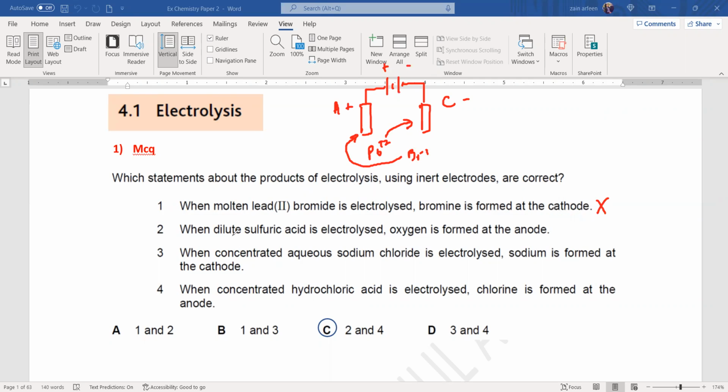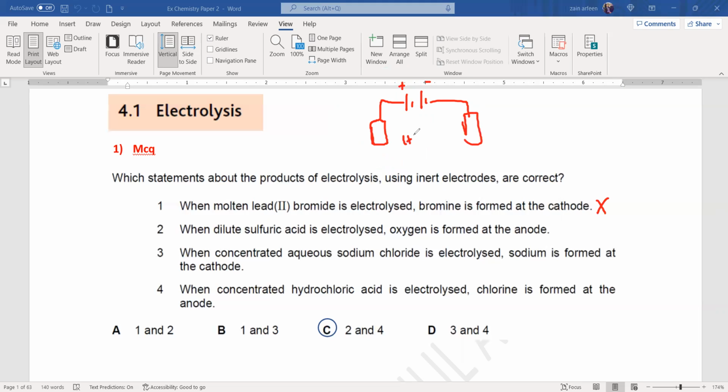When we check the second one, dilute sulfuric acid is electrolyzed. Sulfuric acid is H2SO4, which contains H+ ions and SO4 2- ions, and because acids are aqueous, there will also be H+ and OH-.